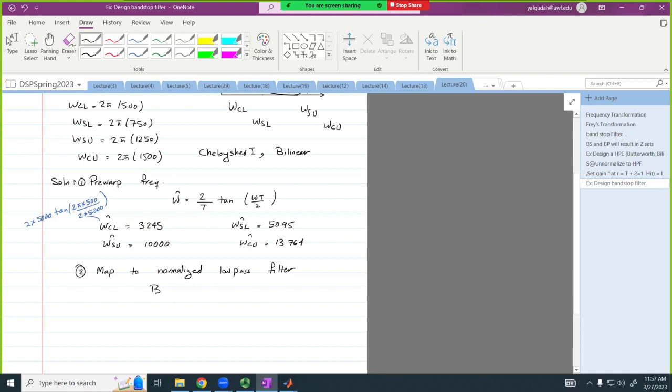So we're going to use B that is equal to omega cutoff upper hat minus omega cutoff lower hat, which is going to give me 10,519.